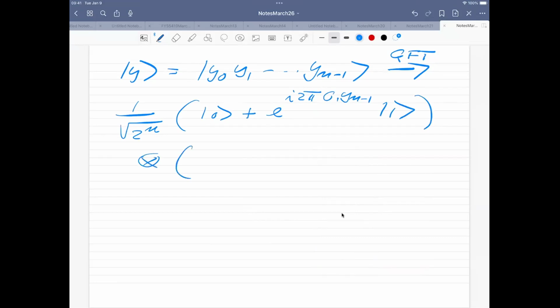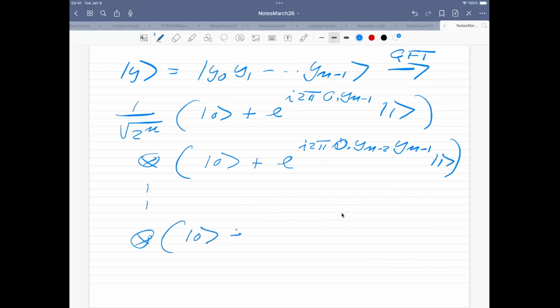Tensor product with 0 plus e of i of 2 pi i, 0 of y_{n-2}, and then I have y_{n-1}, multiplied with 1. And this goes all the way down to the full one, where we have 0 plus e of 2 pi i, and then I have 0, and then I have y0, y1, y2, and up to y_{n-1}.